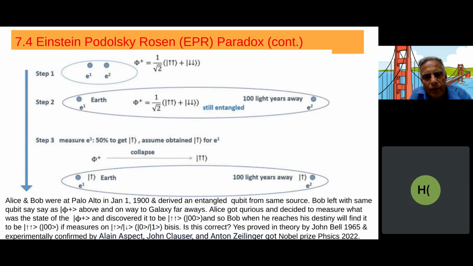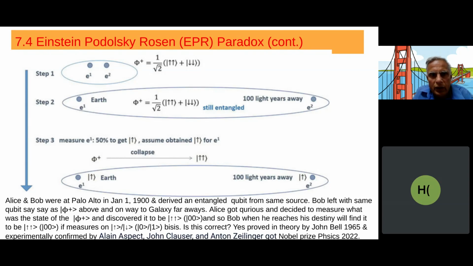And that was subsequently proved by several scientists like Alain, John, Anton, who got the Nobel Prize in 2022 for debunking the hidden variable theory.